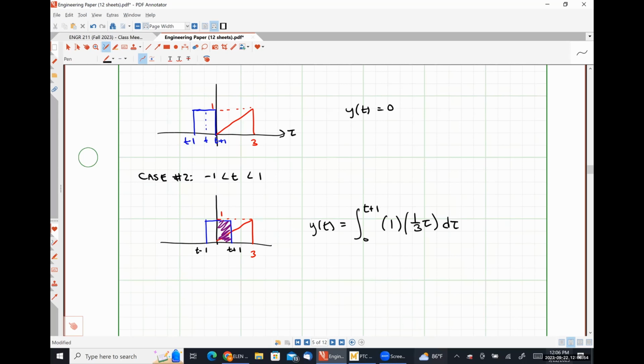Yes, didn't we go all the way in? As we slide this thing past, we are going to have complete overlap, so we would be integrating from t minus 1 up to t plus 1. We're going to get to that point in a moment. But when we're in this space, there is a region where when we multiply these two functions together, the result is 0. We need to take that into account.